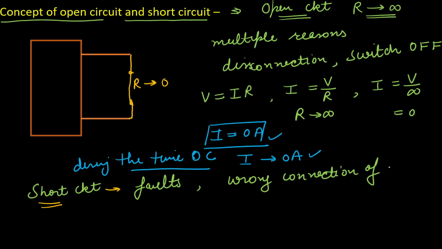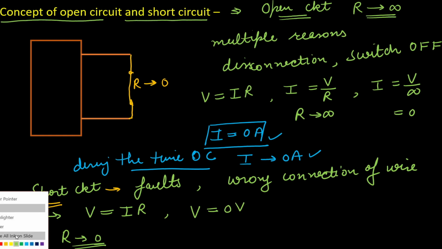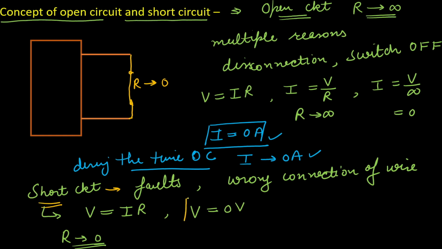According to Ohm's law, we know that V is equal to I times R. Since R is approaching 0, the voltage that we will get will be equal to 0 volts. At the time of short circuit, the maximum amount of current flows in that particular circuit.